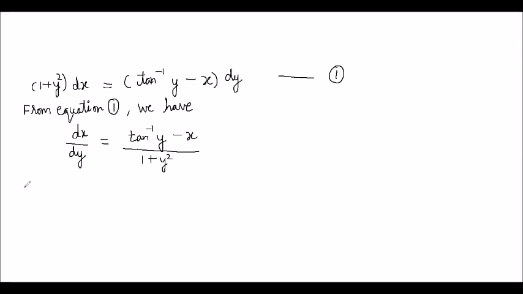When I rearrange it, dx by dy plus 1 upon 1 plus y square x equal to tan inverse y upon 1 plus y square.